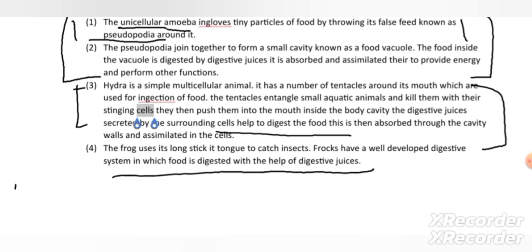You have seen in cartoons that frogs have a long sticky tongue with which they catch insects. In humans the food is digested by digestive juices, in frog also, in amoeba also, and in Hydra also. Most living organisms use digestive juices to digest their food.